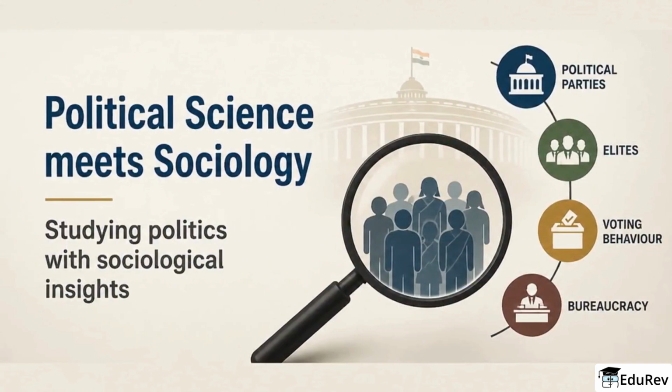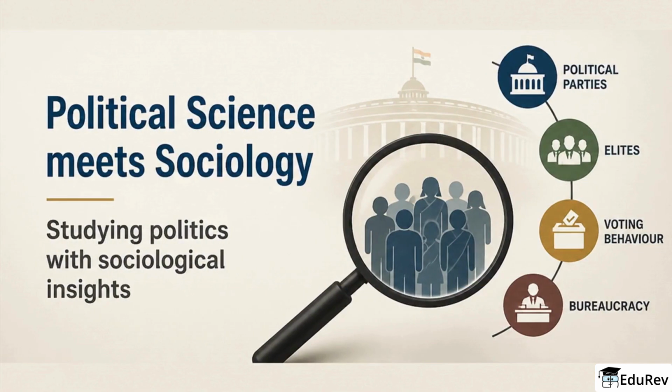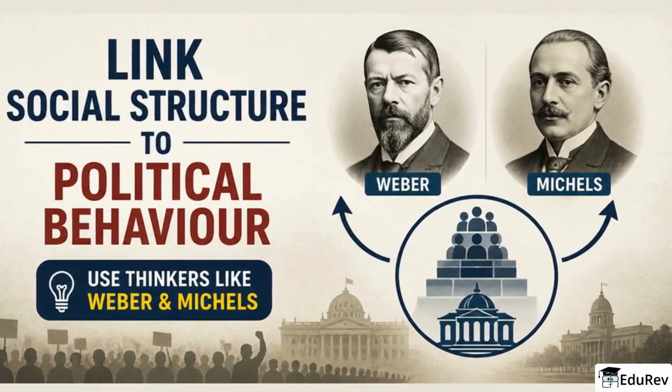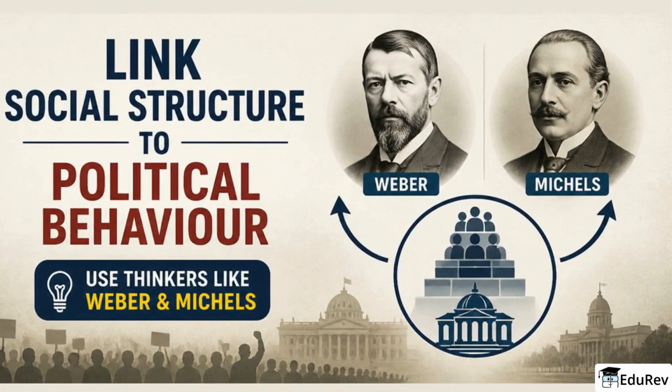Historically, political writings contained sociological insights, and today, political sociology studies parties, elites, voting behavior, and bureaucracy using sociological tools. Remember thinkers like Weber and Michels when you link social structure to political behavior in a mains answer, it shows depth.